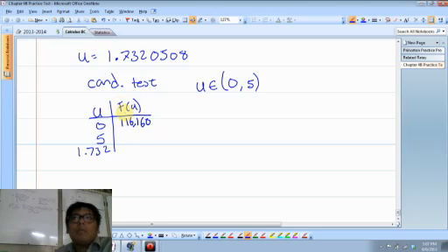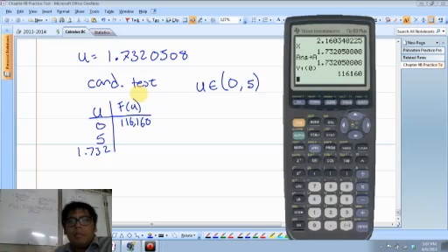This equation. Okay, let's find y1 at 5. 1, 2, 3, 1, 4, 9, 704.